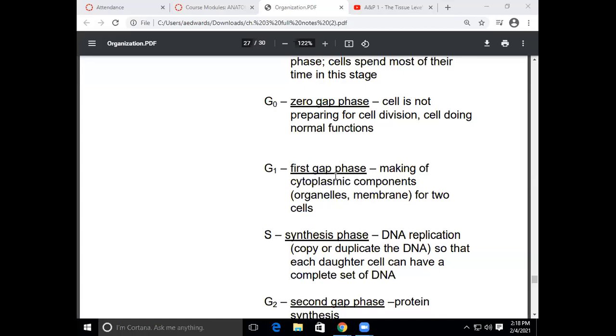In replication, the two strands come apart, and this is different from transcription. In transcription, one strand is used as the template. In replication, both get copied because you're making two copies. That way each daughter cell has its own complete set of DNA.